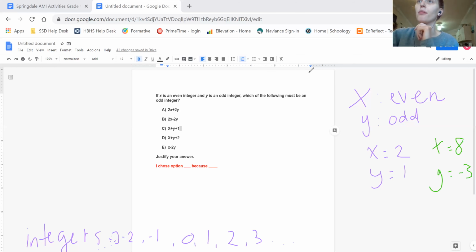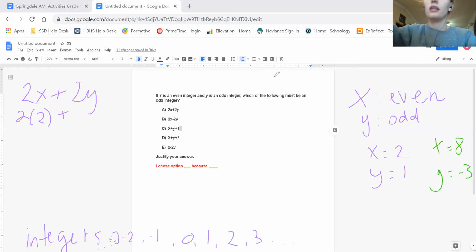So first in purple, this might be kind of hard for me to write on here, but just be patient with me. We've got 2x plus 2y. Is this even or odd? When x is 2, it's going to be 2 times 2 plus 2y.